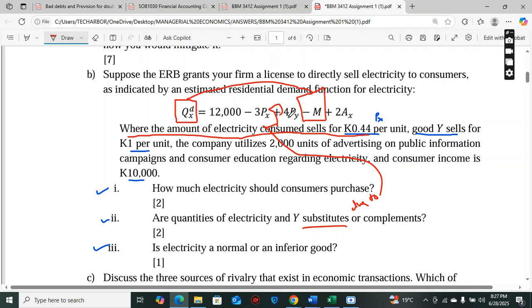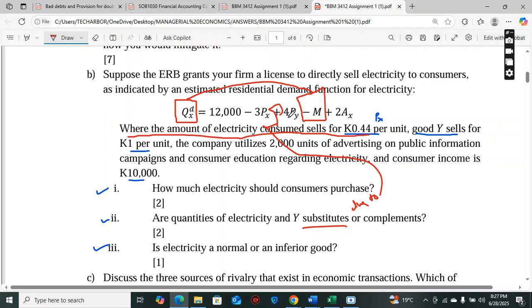Yes, when your income increases, you buy more of that good. And an inferior good, when income reduces, they buy more.